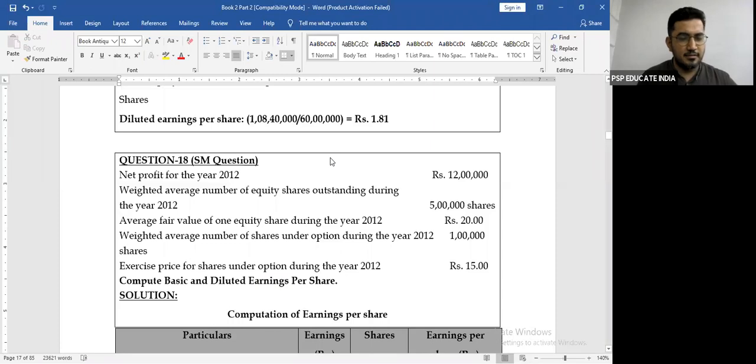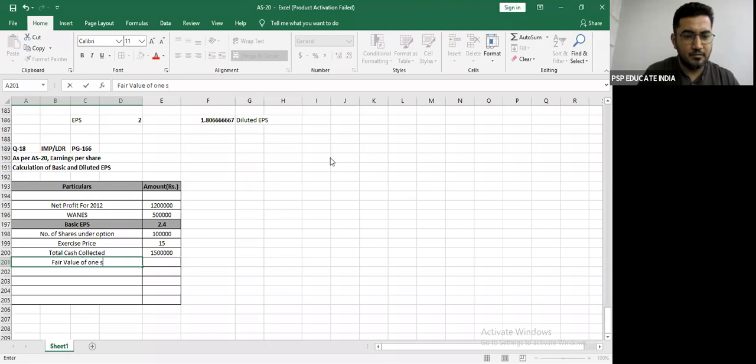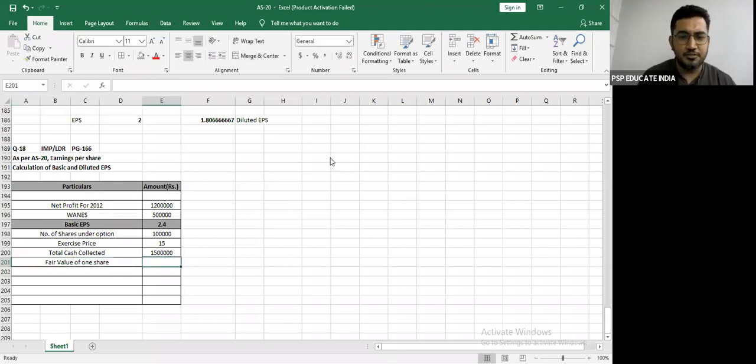And what is the fair value of one share? Look at the question. Fair value is 20.